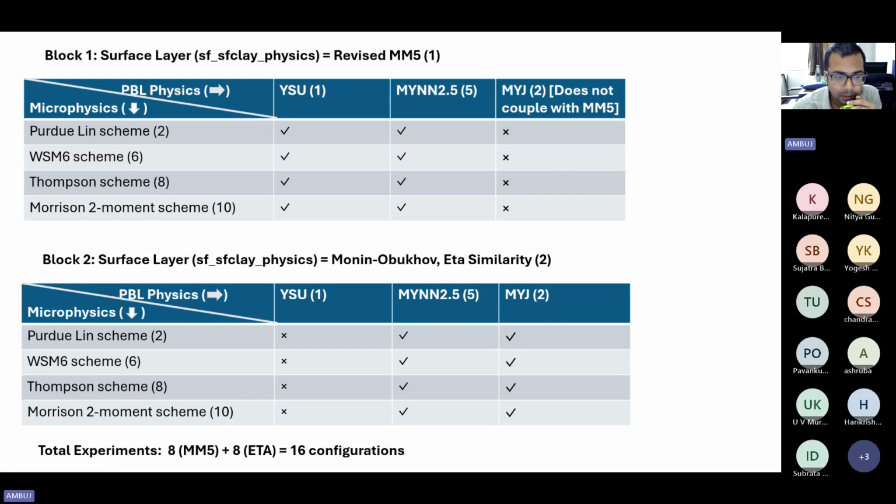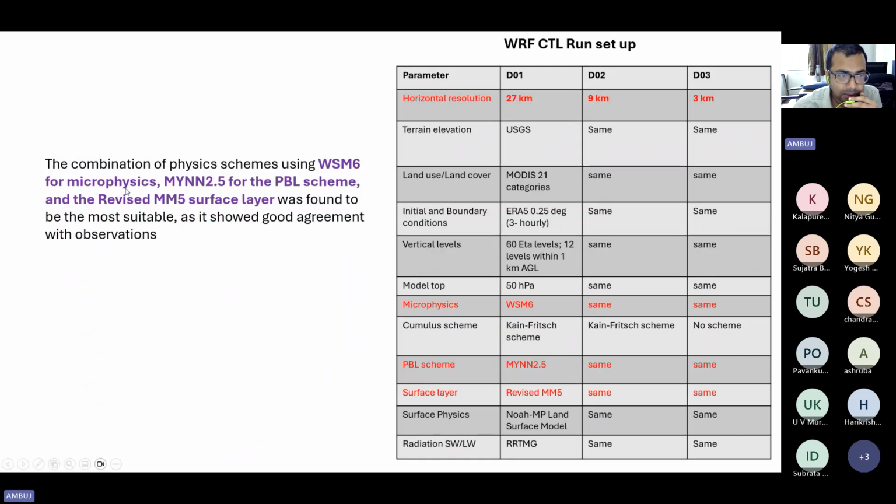After trying several combinations of schemes, we found that WSM6, MYNN 2.5 and revised MM5 surface layer scheme are working best, as this combination showed good agreement with observations.